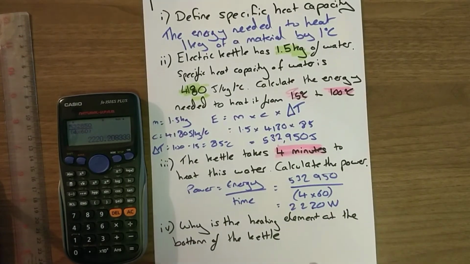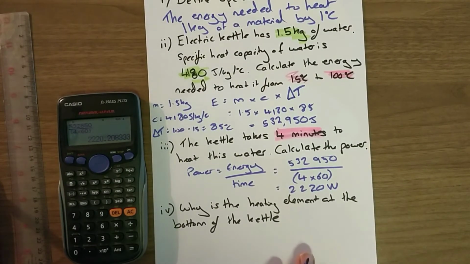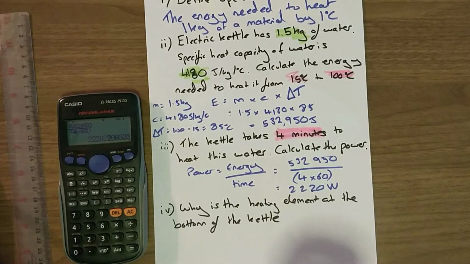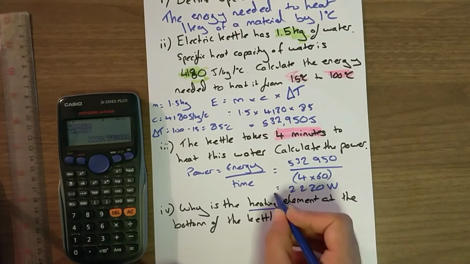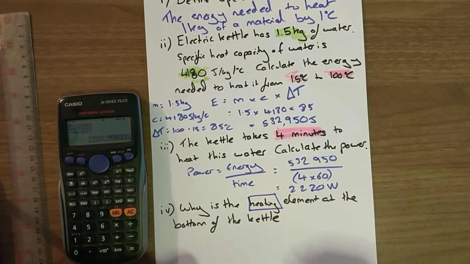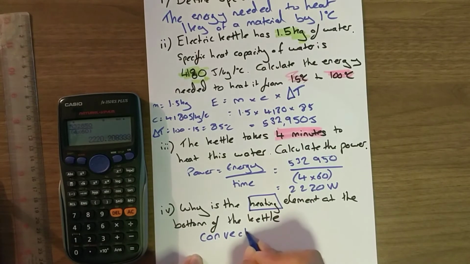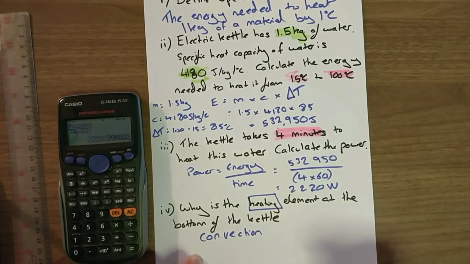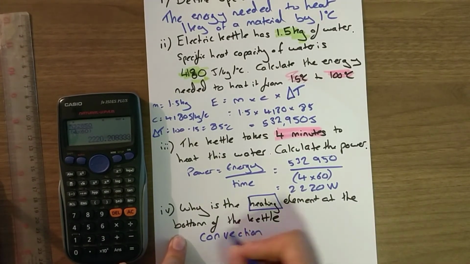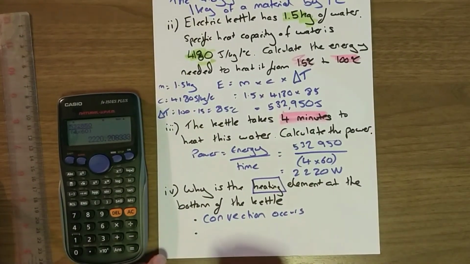And the last question here asked us to think about why the heating element is at the bottom of the kettle. Well, this tells us to think about heating, and when we're heating up water, we can heat it using convection. So convection occurs. I just made it into something resembling a sentence. So what happens when we heat water?